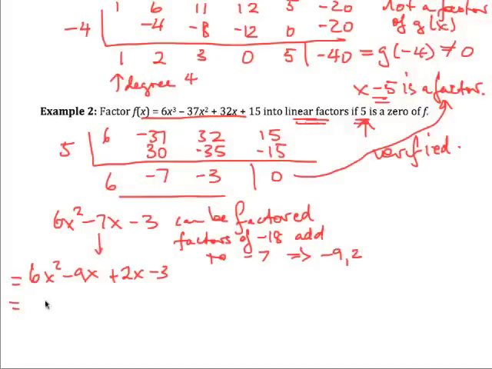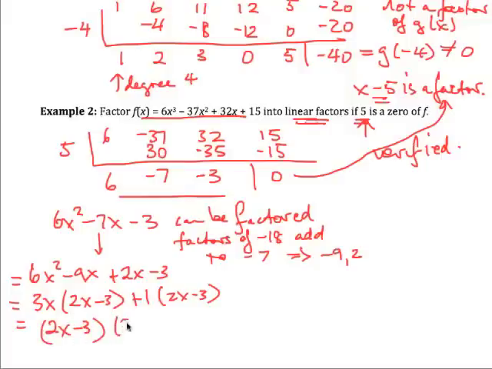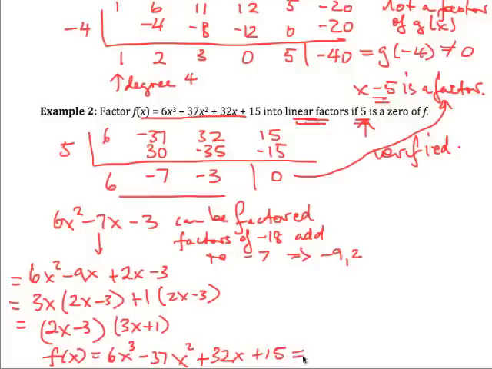And this now becomes, if I take out a 3x, I'll end up with a 2x take 3. And if I take out a 1 here, I get a 2x take 3. If I now take out a 2x take 3, I end up with 3x plus 1. Hence my function f of x equals 6x cubed minus 37x squared plus 32x plus 15 can be factored into x take 5, of course the one we've given, the 2x take 3, and 3x plus 1.